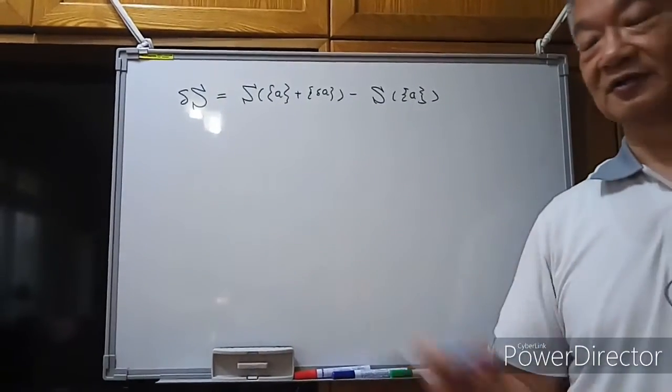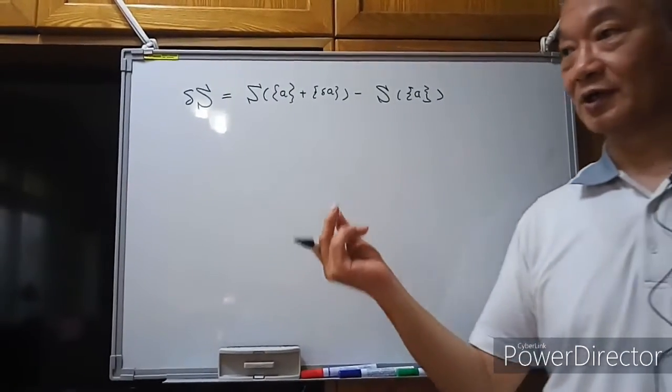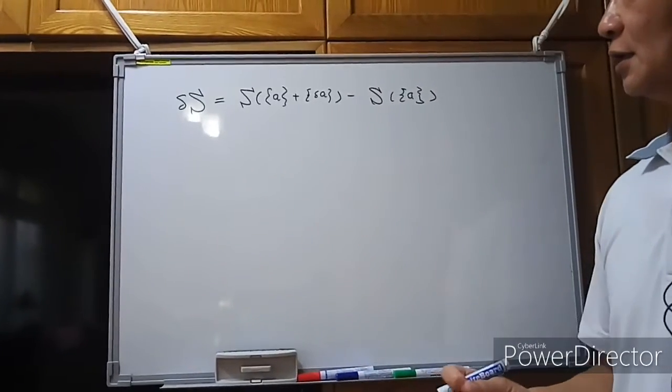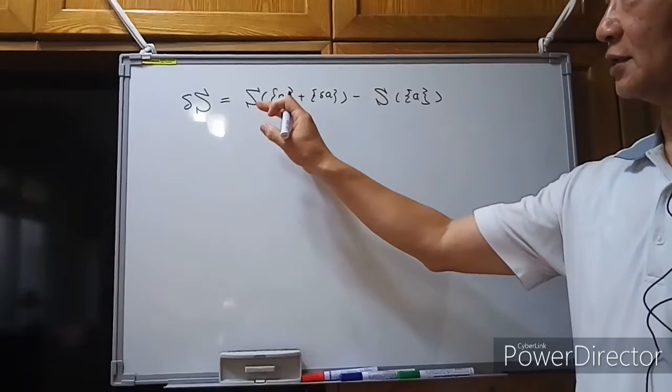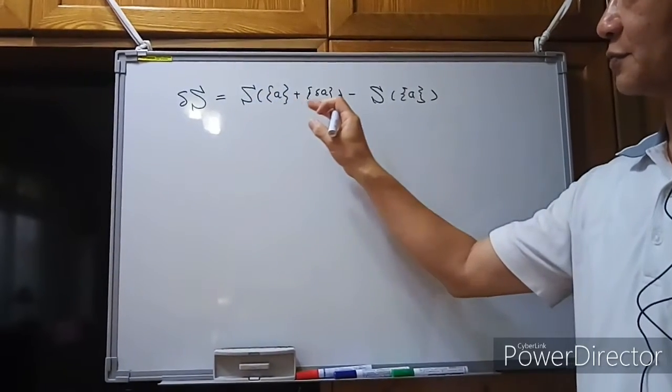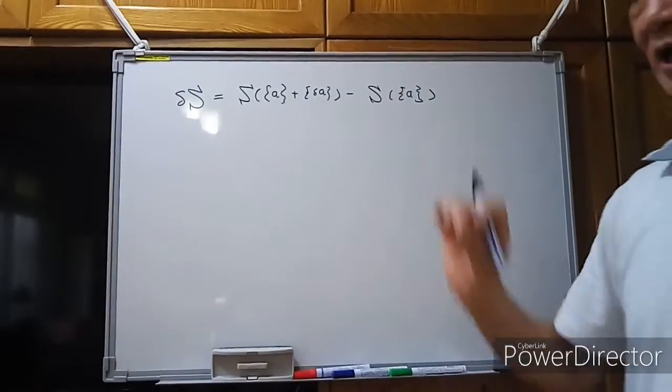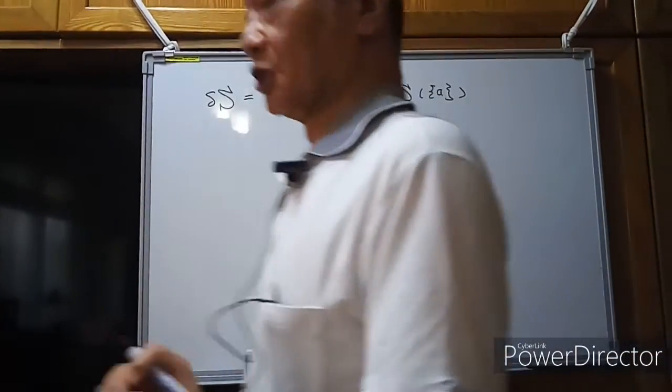Then we will just make variations for all these parameters. And in the regression analysis problem, we found only the elements in the A vector can be changed.